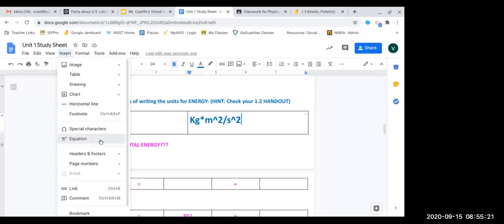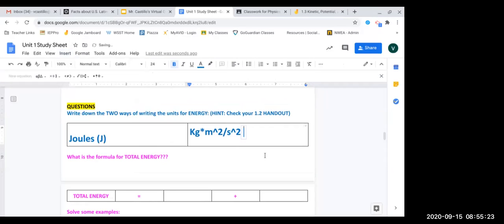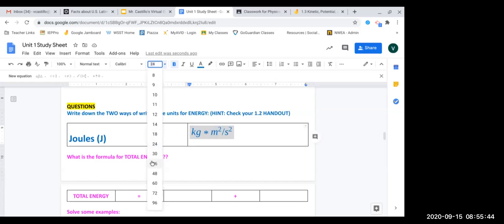So equation. Kilogram times meter squared over second squared. There you go. That looks much better. So this is the one right here. Kilogram times meter squared per second squared.